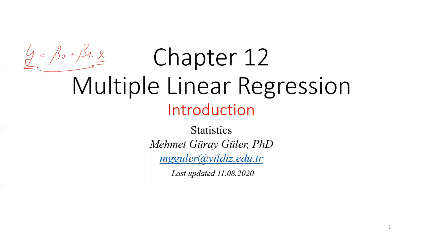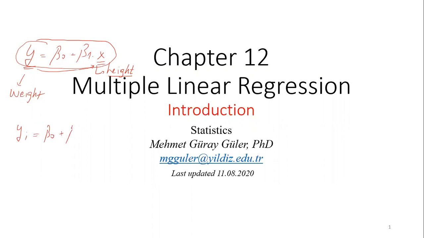So remember, if you think of this as the weight and the height, at each height value you have a different distribution. Using this line, you're trying to find the mean of the distribution. And where does the variance come from?